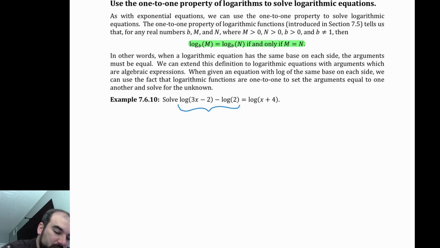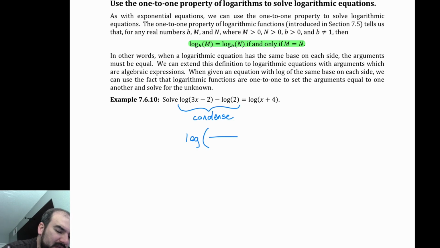How can I combine them into a single log? Using the quotient rule, good. I'm just going to say condense here. If it's a sum, we'll multiply the insides. If it's a minus, we'll divide the insides. So this condenses into a single log of a quotient, because we have a minus sign here.